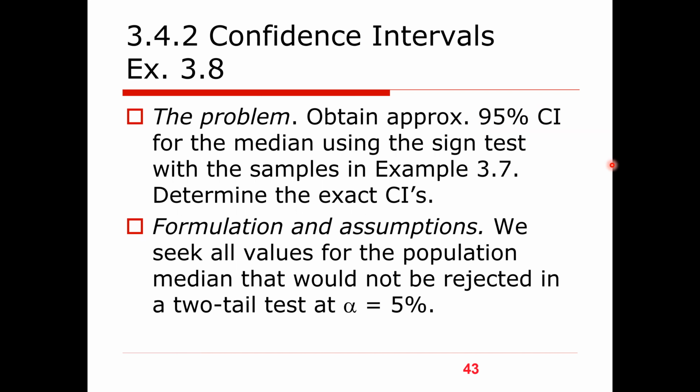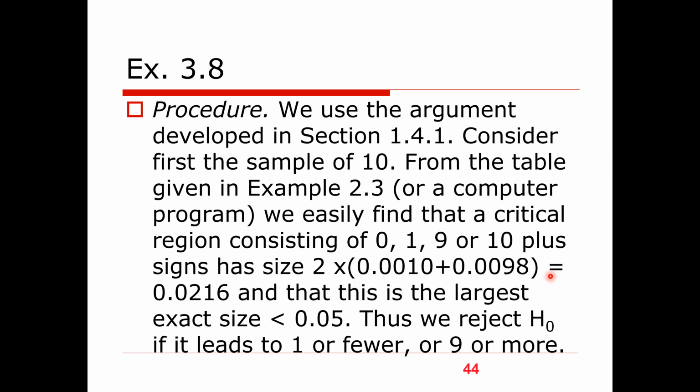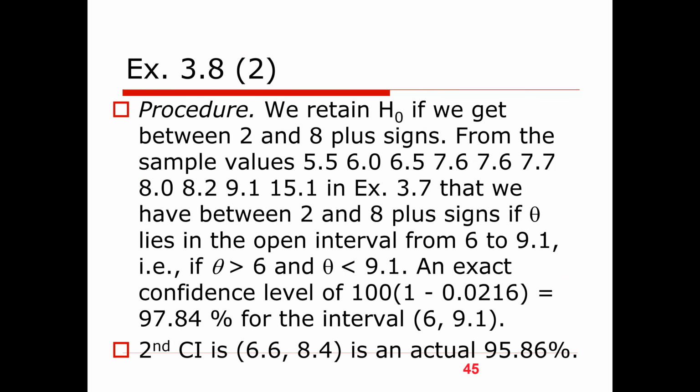There's a procedure for doing that on a sign test, using the equivalence of the rejection rule, the p-value, and the confidence interval. The procedure for getting the confidence interval is a bit more detailed, but it's similar to what's done in section 1.4, so I'll skip the detail of this part.